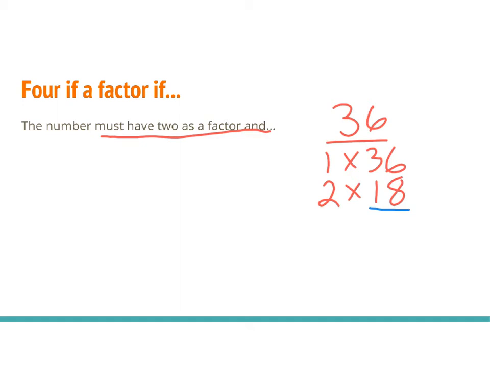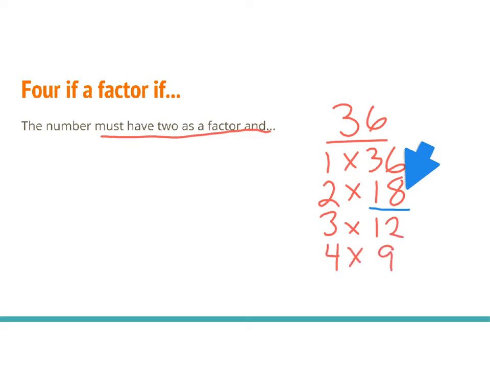So this number being paired with 2 right there, that 18, tells me that 4 has to be a factor of this number. And indeed it does turn out that 4 is a factor, because if I kept going I would go, well, 3 times 12 and 4 times 9.